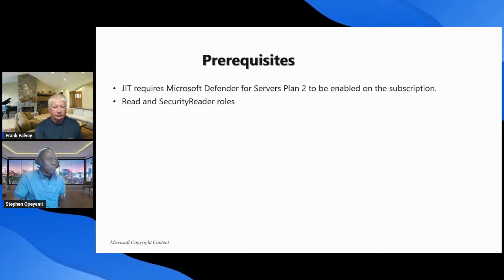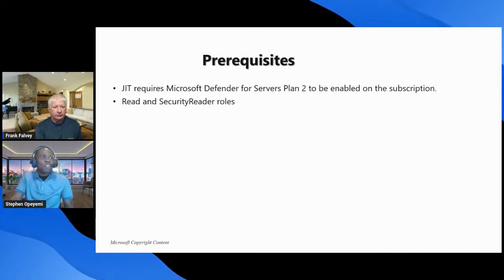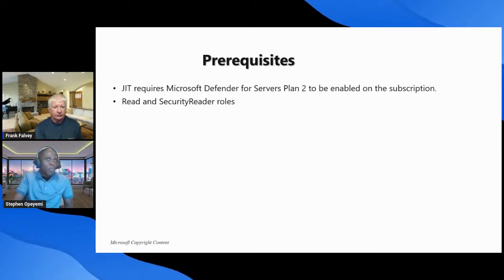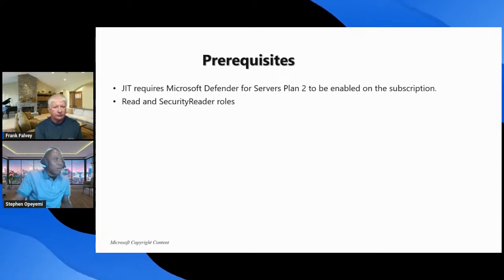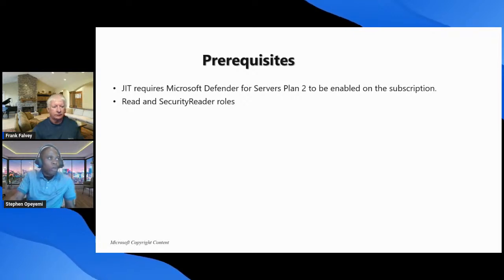Then the prerequisites: just in time requires Microsoft Defender for Servers Plan 2 to be enabled on the subscription. If you are the owner, this has to be enabled on the subscription. You also need the Reader and Security Reader roles; those two things have to be enabled on the subscription.